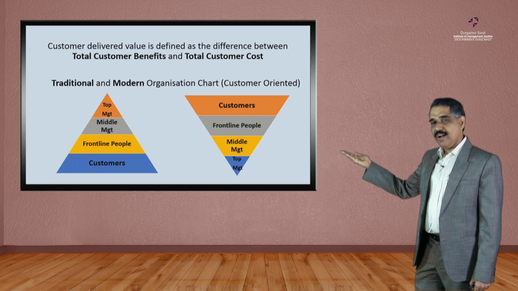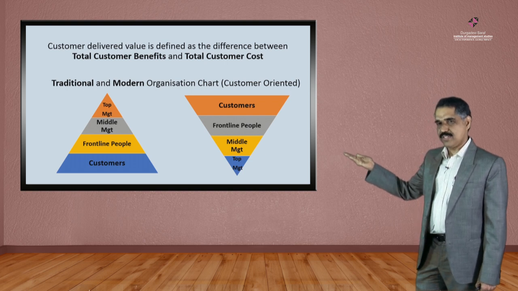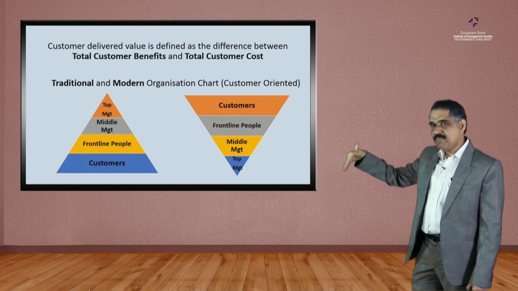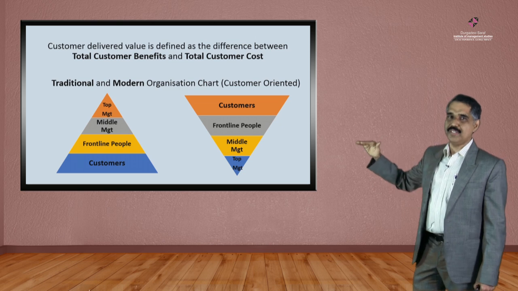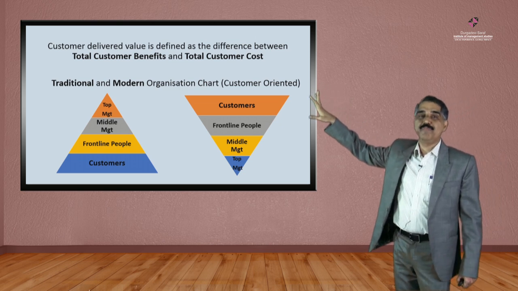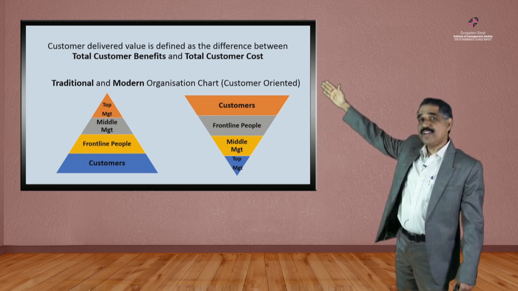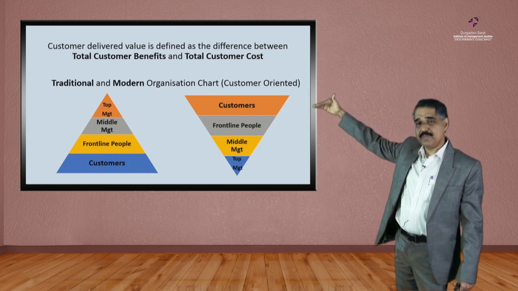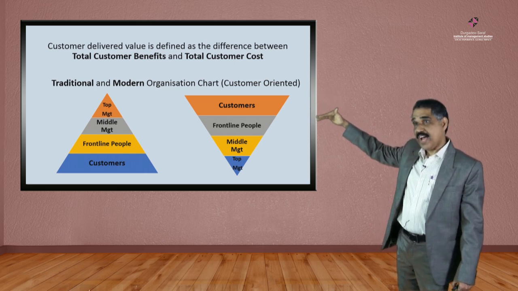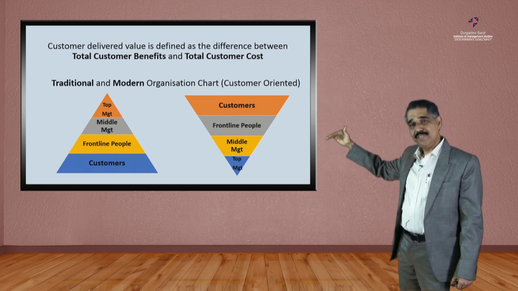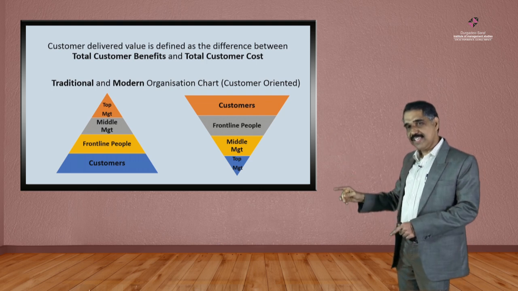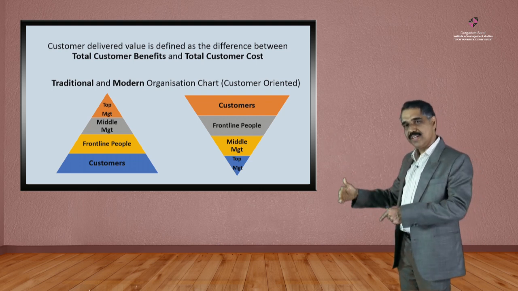See, the whole thought has changed. Now as per the modern thought, customers come at the top. See here, you have customers, frontline people, middle management and top management. We have completely inversed the old thought and old diagram.